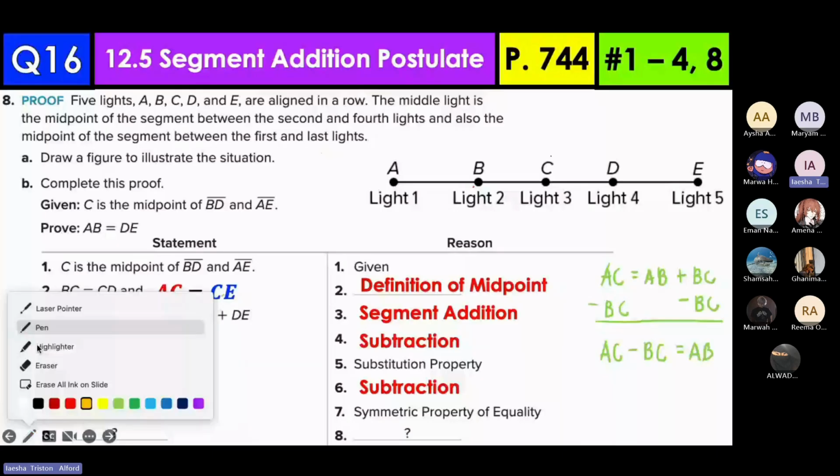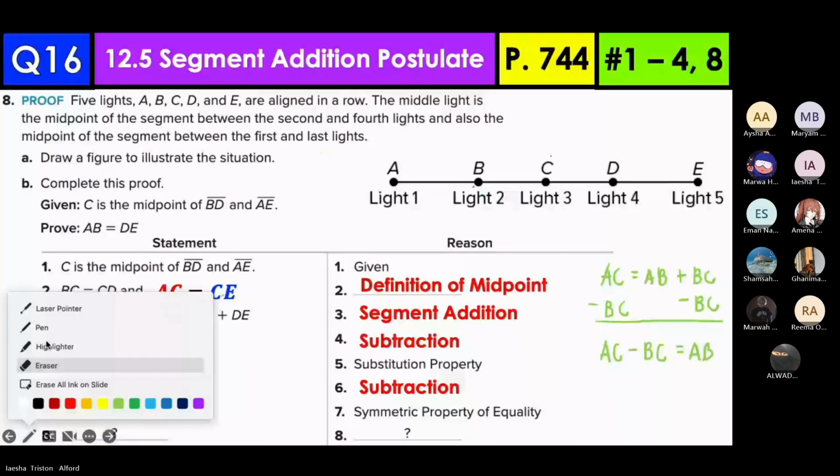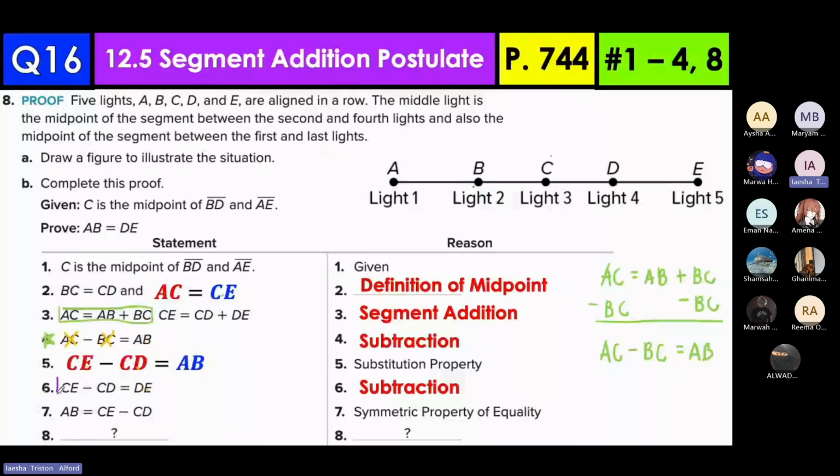Let me get a different color. So this line number 6, they took this one same. CE is equal to CD plus DE.